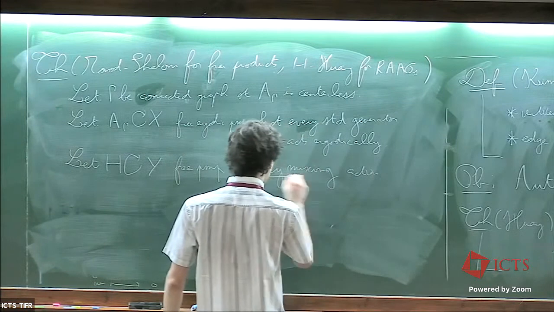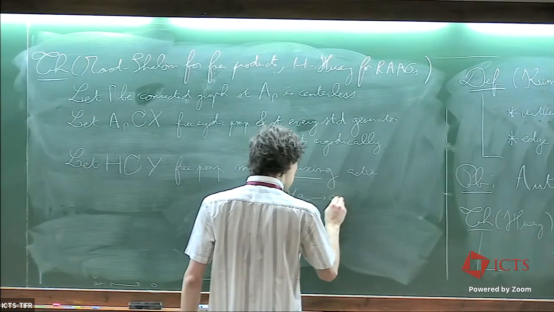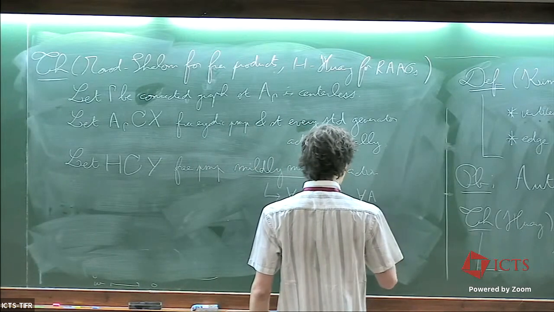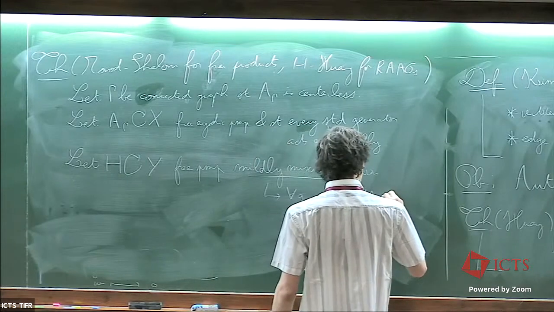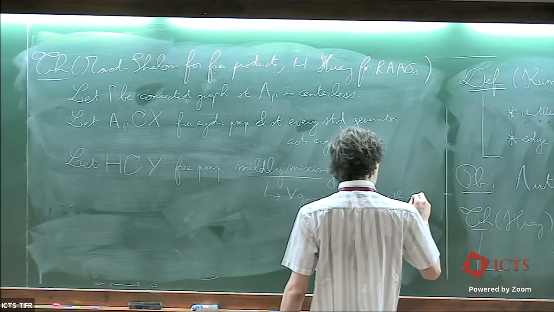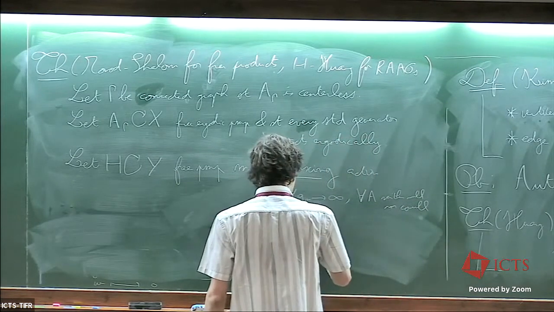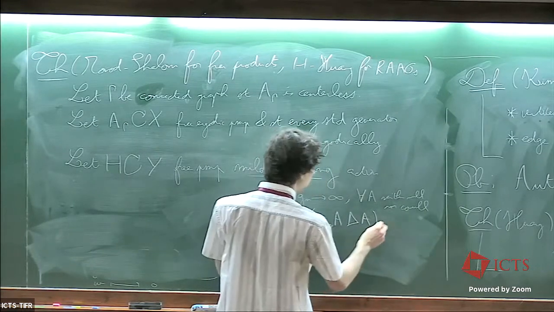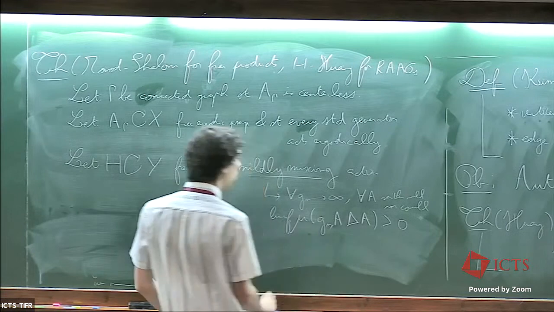So this means that for every sequence of elements going to infinity, and for every A which is neither null nor co-null, if you look at the measure of the symmetric difference between gA and A, the lim inf should be positive.